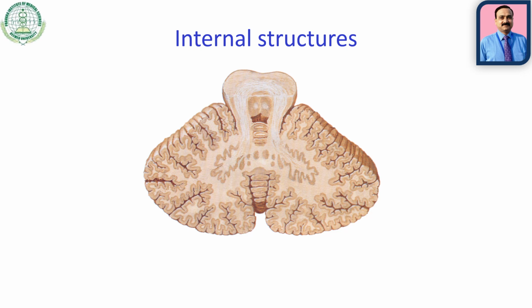The nucleus fastigi, which is the medial most, is nucleus of archicerebellum. Nucleus globosus and emboliformis are nuclei of paleocerebellum, and the dentate nucleus is considered as nucleus of neocerebellum.